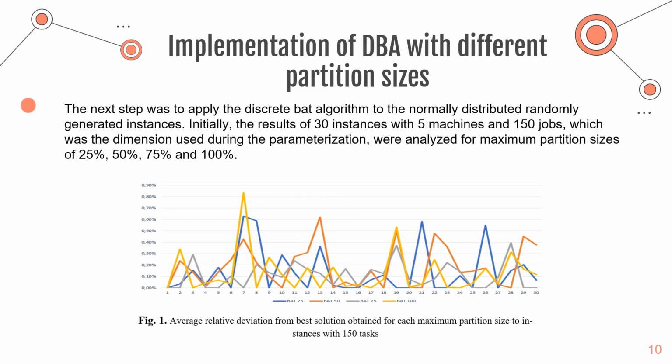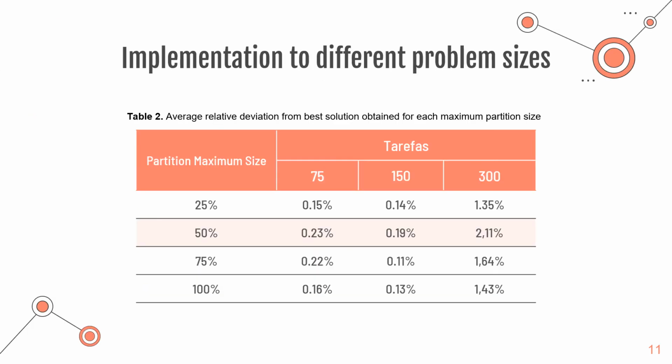Following this process, doubt arose about the impact that the size of the instance would have on the results, and, as such, the analysis was extended to problems half and double the size, I mean with 75 and 300 tasks respectively. This study was carried out, and the average relative deviation from the best solution obtained for each maximum partition size can be seen in Table 2.